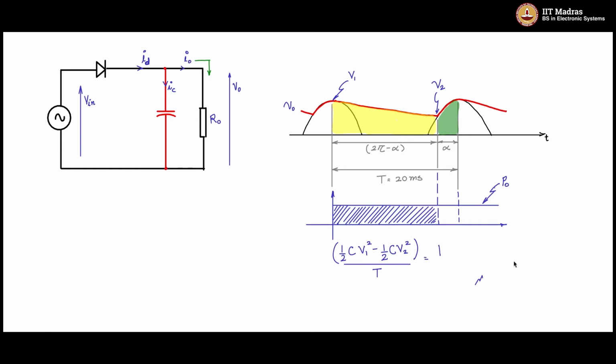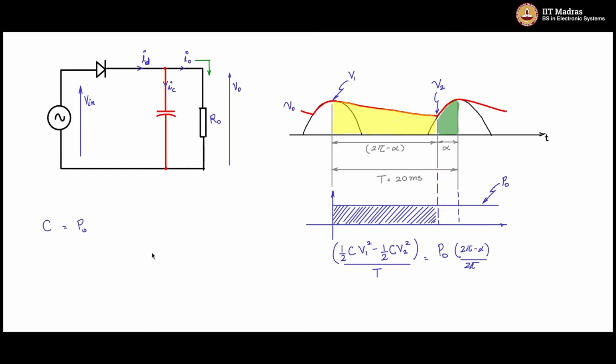Now this is P0, and then there is a duty cycle in that period, P0 into 2 pi minus alpha divided by 2 pi. So this would be the duty cycle, and that is the amount of power this should represent.